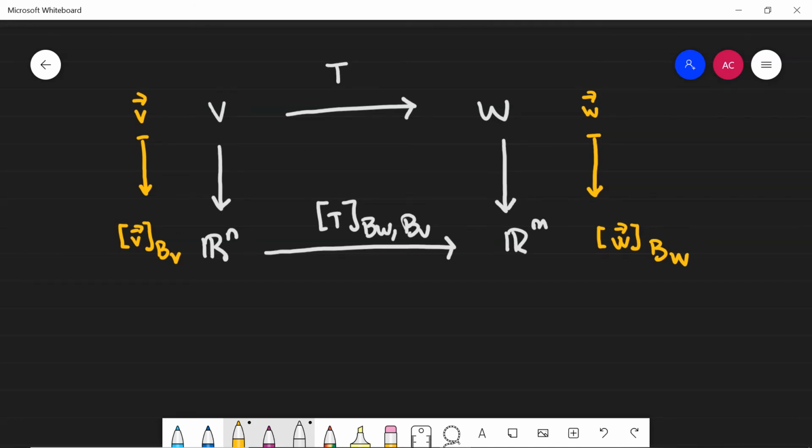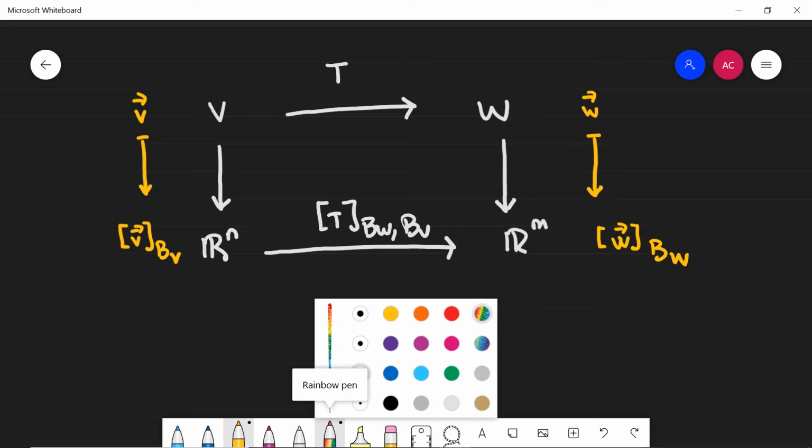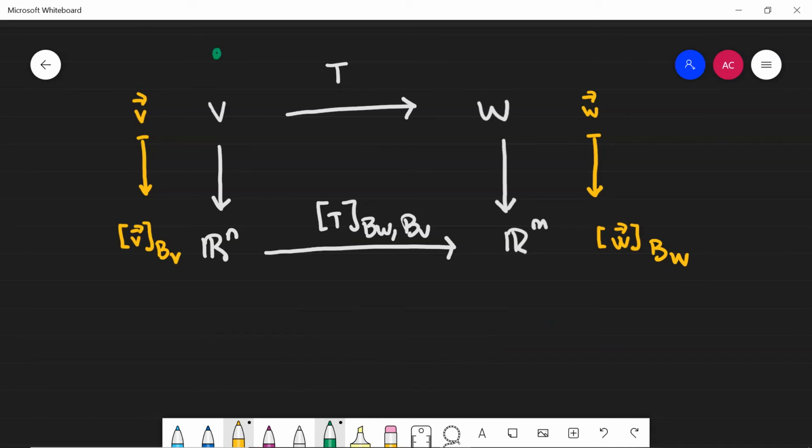Again, what that means is the following. Let's introduce some new colors here that we haven't used. I'm tired of purple right now. We'll use green. So the green path: I'm starting with a vector v living in capital V. I apply T to v.